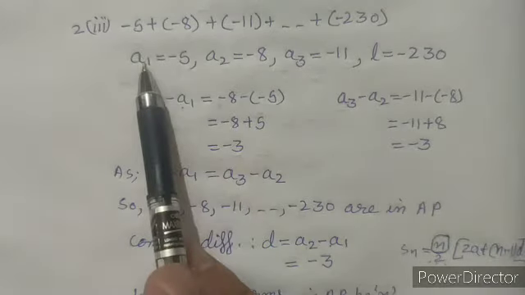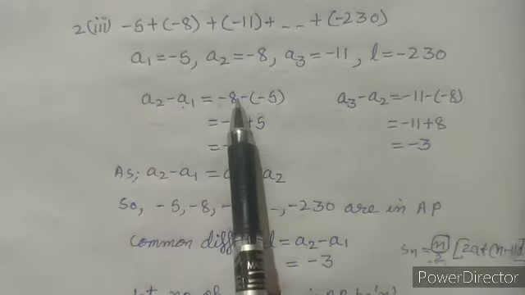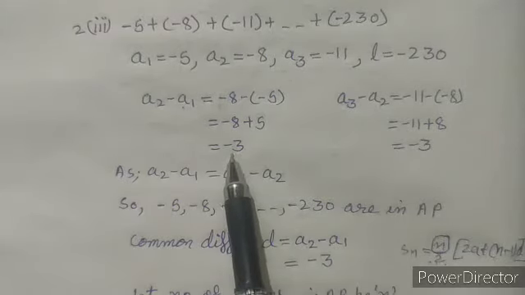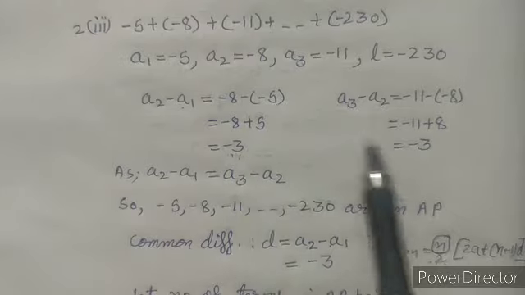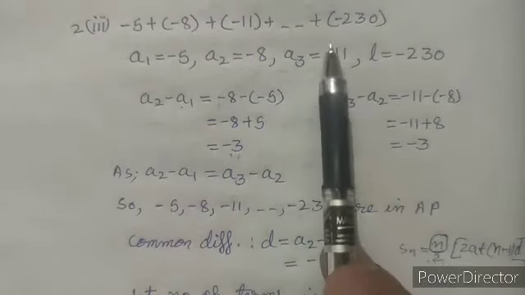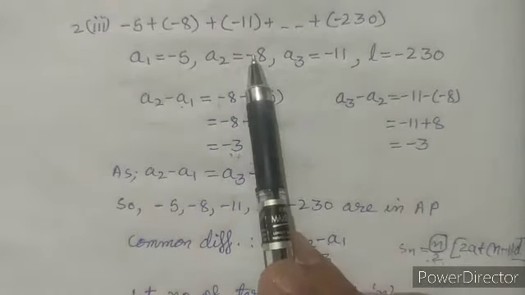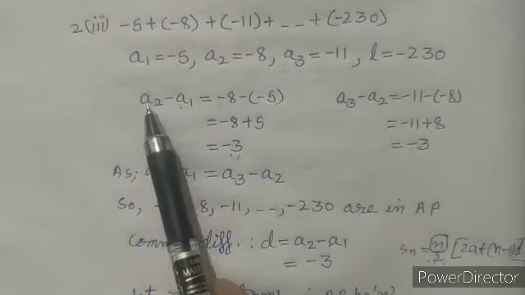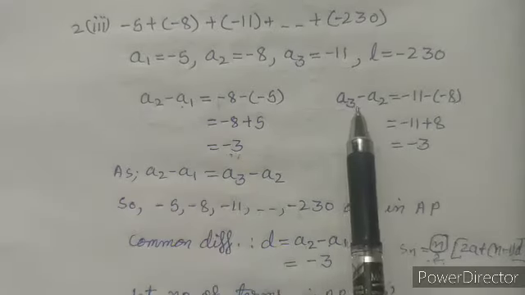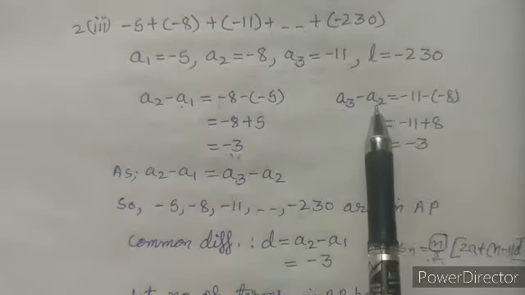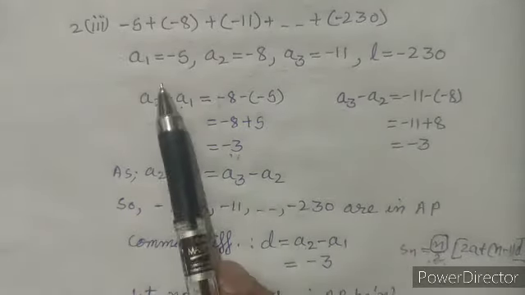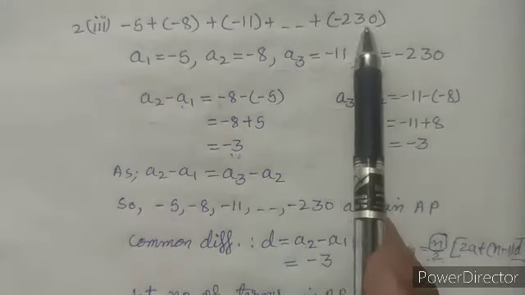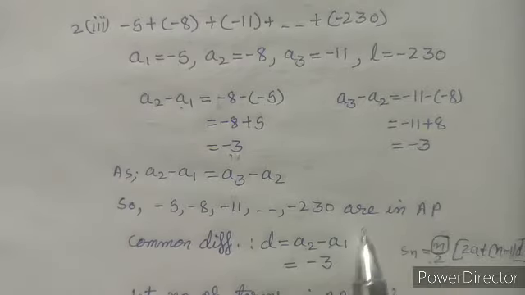Now a2 minus a1 is equal to minus 8 minus minus 5, and that gives us the result as minus 3, and a3 minus a2, that is minus 11 minus minus 8, is also equal to minus 3. As here a2 minus a1 is equal to a3 minus a2, we can say that the terms minus 5, minus 8, minus 11 up to minus 230 are in AP.